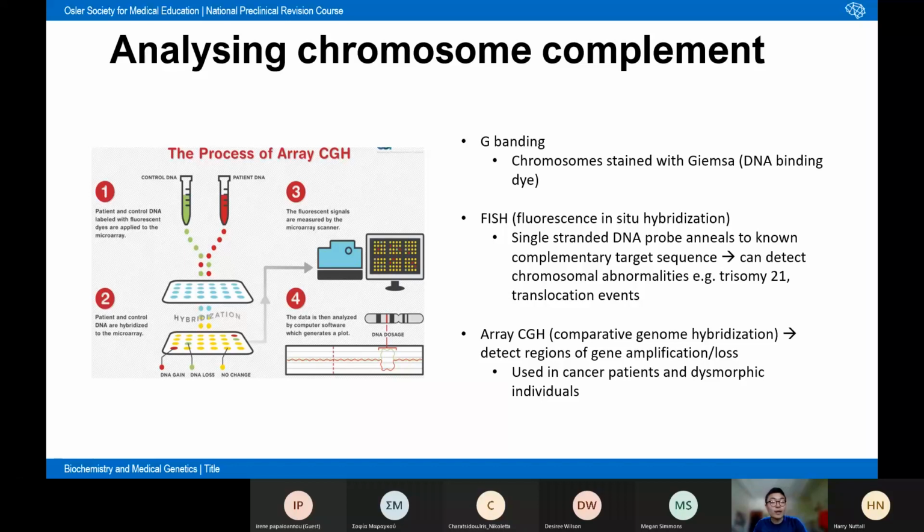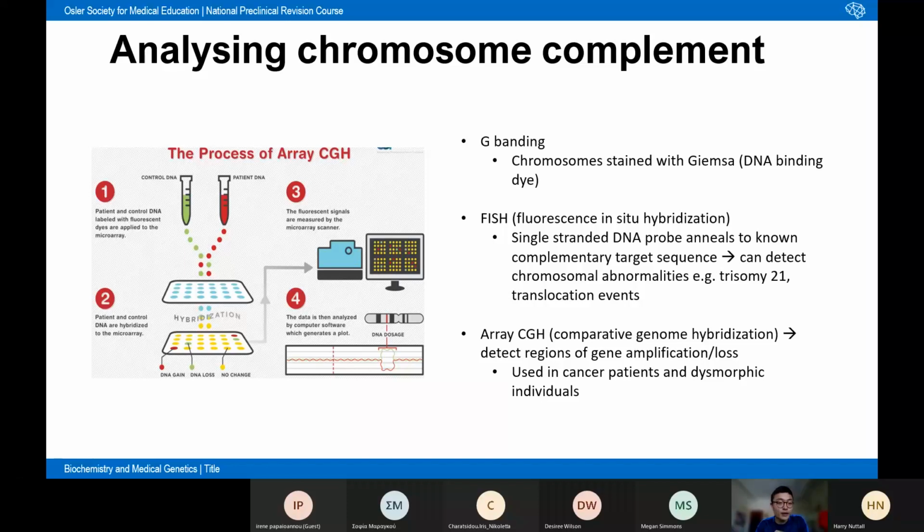And finally, another way of looking at chromosome complement is array CGH, comparative genome hybridization. This is particularly useful to look at regions of gene amplification or loss, so it's commonly used in cancer patients and also dysmorphic individuals, so individuals perhaps with an unusual phenotype.